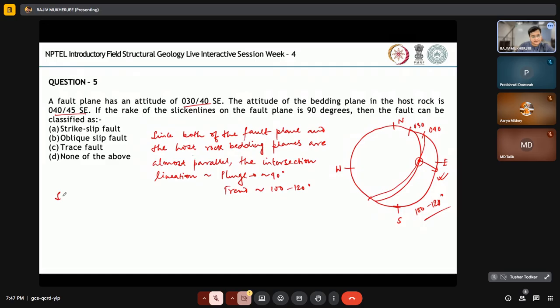And since the rake of the slickenlines is 90 degrees, the fault is a dip slip fault.